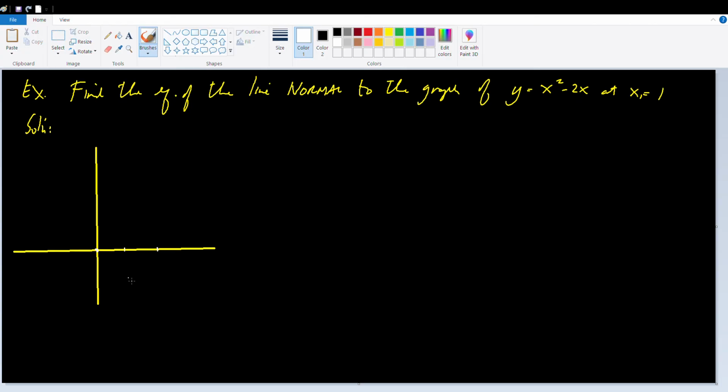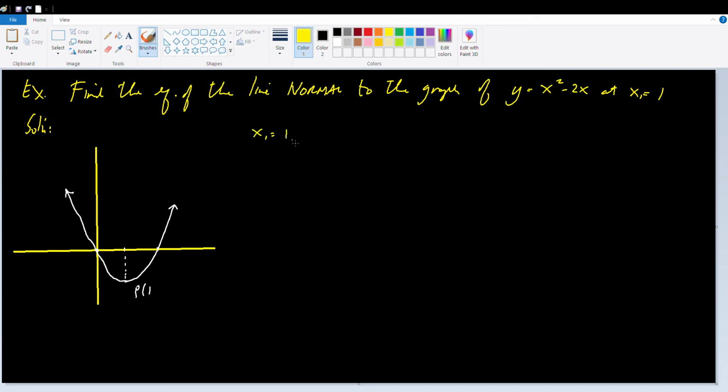When x is 1, negative 1. So the graph is actually a parabola opening upward. The point P with coordinates 1. Okay, so our x sub 1, let us calculate now.